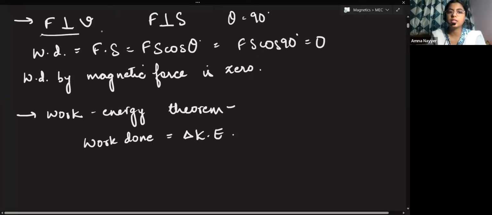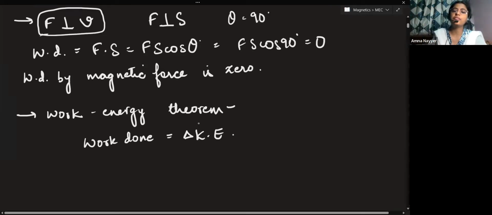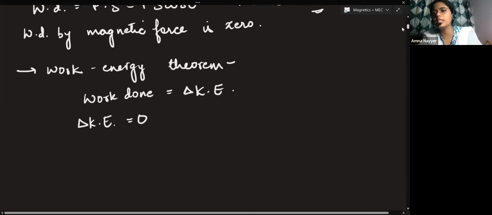This was the condition. All the questions will come from here. If this condition is given, then the possibility of all of these questions coming in the exam becomes more. So if force is perpendicular to velocity, work done is zero. If work done is zero, it means change in kinetic energy is zero. Change in kinetic energy means, whenever you're calculating the change, it means final minus initial.